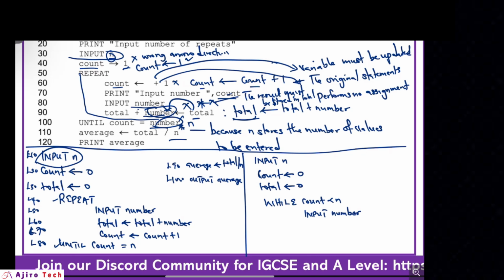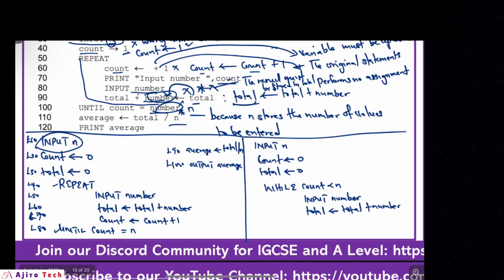So input number, then you have what? Total equals what? Total, which keeps incrementing by 0 for the number you're going to input. If it's 2, right? So that will be plus number. And then you have count equals count plus 1.